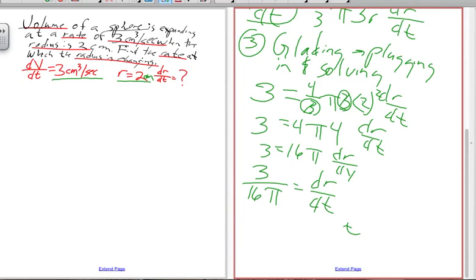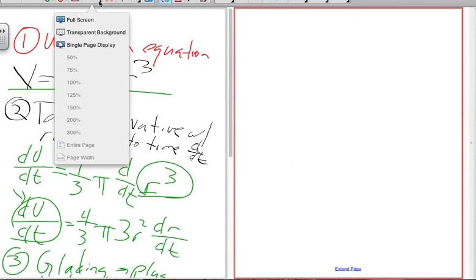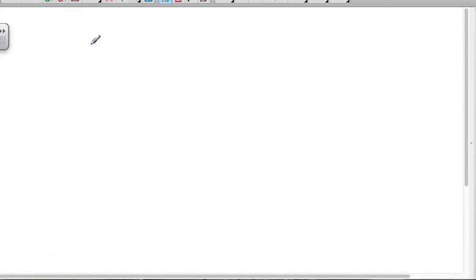Okay, let's take a look at a second example here. This is going to be more similar to one like you're going to start working with.